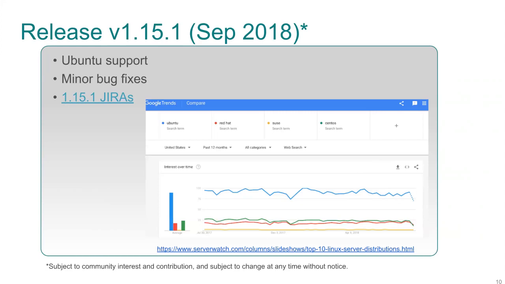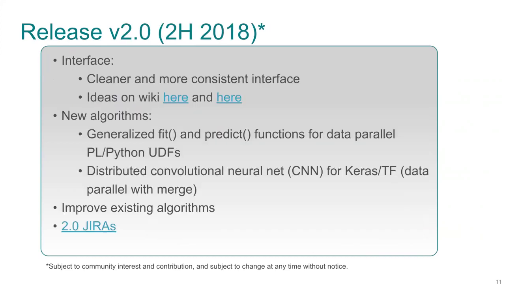Looking a bit further ahead to the second half of this year, this is of course subject to community interest and contributions. Since we use semantic versioning, the 2.0 release is an opportunity to clean up the interface because we don't have the restriction of being backward compatible.